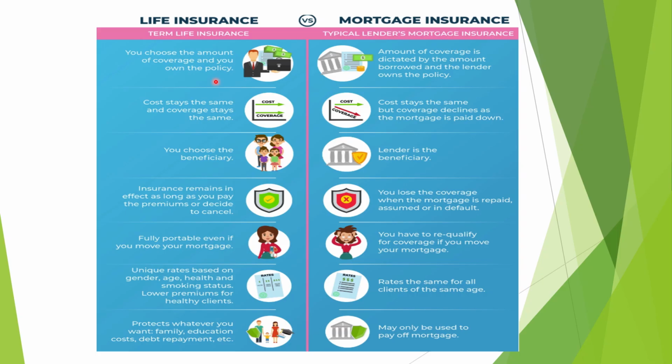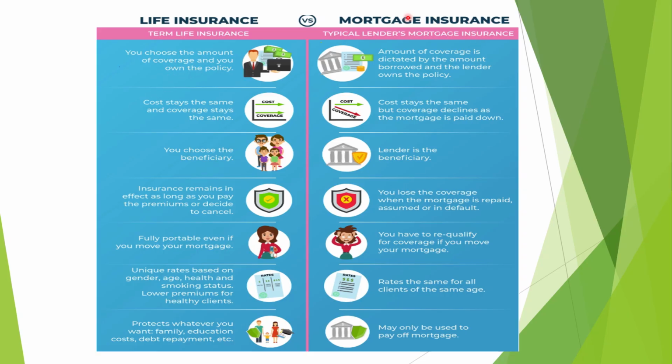In a term life insurance, the coverage amount is chosen by you, and the policy is also chosen by you. Like I said, you calculate based on the DIME method, and you end up with, I need half a million, or I need 600, or I need $1 million insurance, based on your own DIME calculations, and this policy is your own.